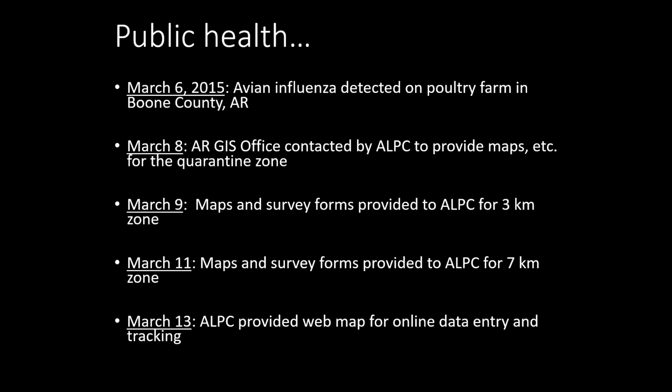Here's the infected farm, and within a 5-kilometer radius, they had to go to every address, every house, and determine if this house had any type of poultry. If they did, even if it wasn't infected, because they had to know how far or how fast it had spread, so they could formulate their containment strategy.